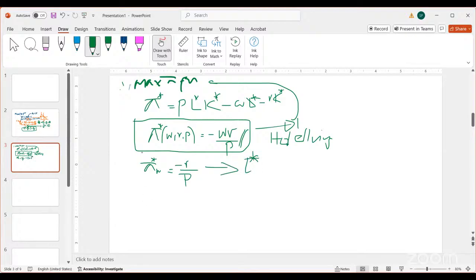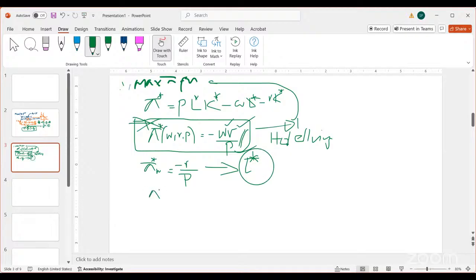Practically, you collect the data, the wage rate, the interest rate and the market price that are available already. So you estimate the profit function with those values. When you differentiate with respect to W, you get the labor input demand function.